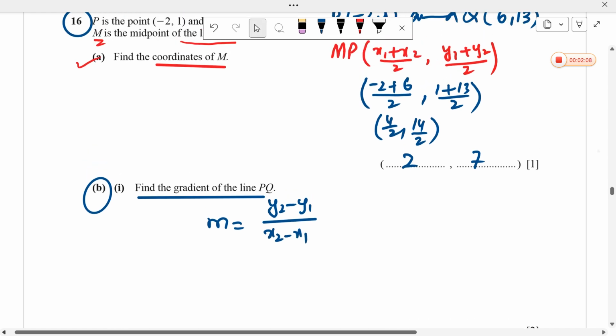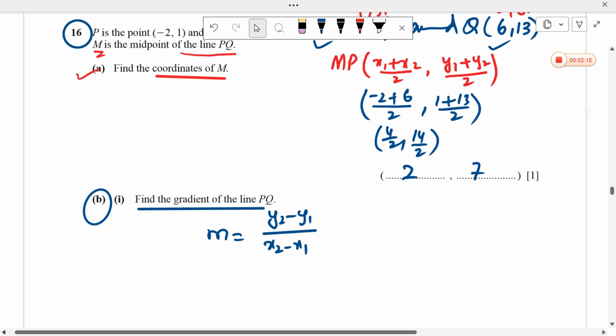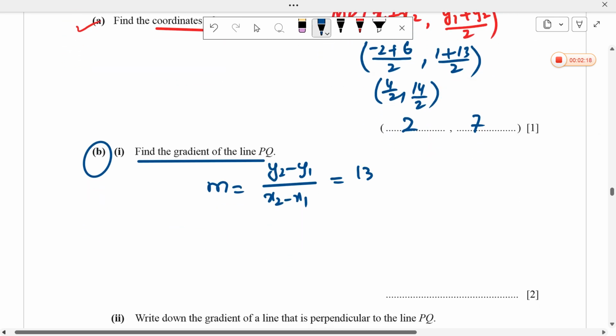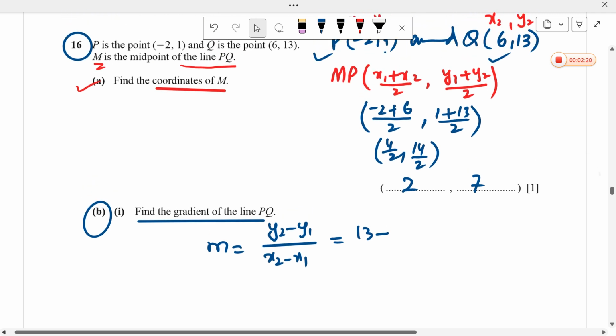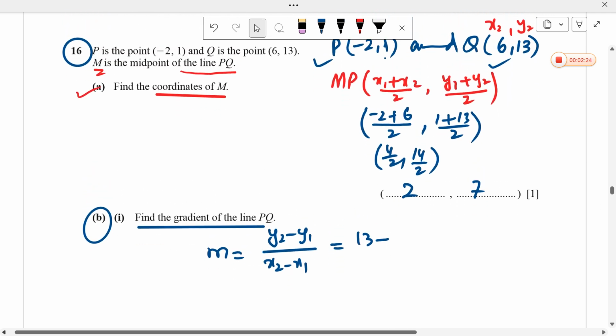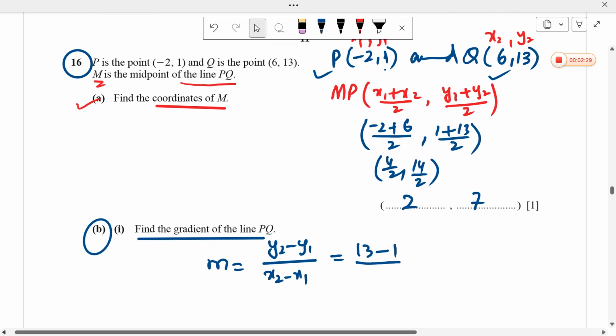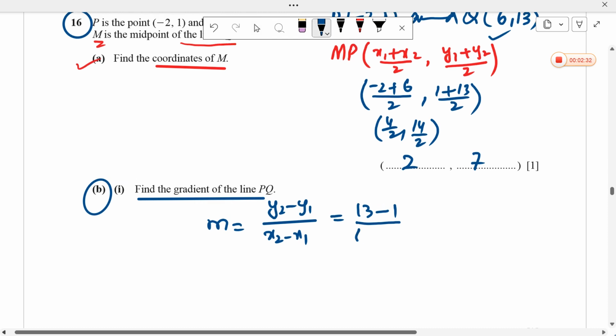And we have 2 points, P and Q. So y2 is 13 minus y1, which is 1, sorry, and x2 is 6 and x1 is minus 2. 13 minus 1 is equal to 12. Now 6 minus minus 2 becomes plus 2.